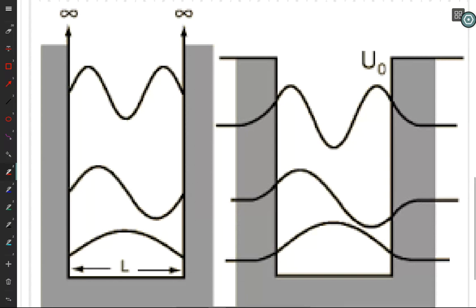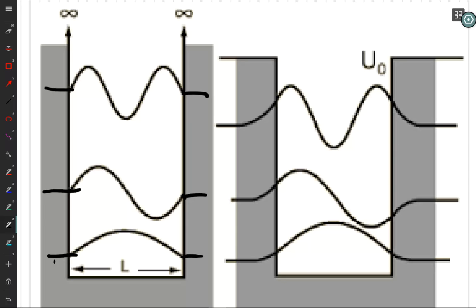The infinite well is walls that go up forever, and the wave functions come down to 0, and they're not shown here, but it's just 0 outside of the well. What that means is the probability of finding the particle anywhere outside the well is 0, because you have an infinite potential. You don't have enough energy. You're never going to have enough energy.